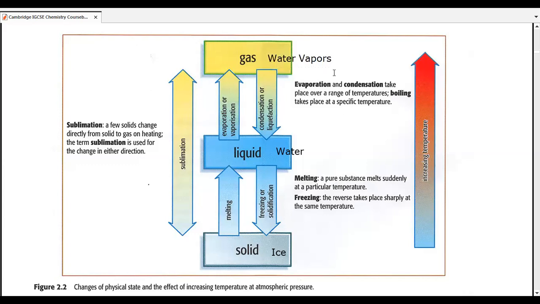Now, ice can be converted into water simply by heating it, or water can be converted into water vapors by heating it more and more, which we do through the process of boiling. However, water vapors can be collected and converted back into water by cooling them a little bit, or water can be converted into ice by cooling it much more than before. And hence the water can be frozen into ice.